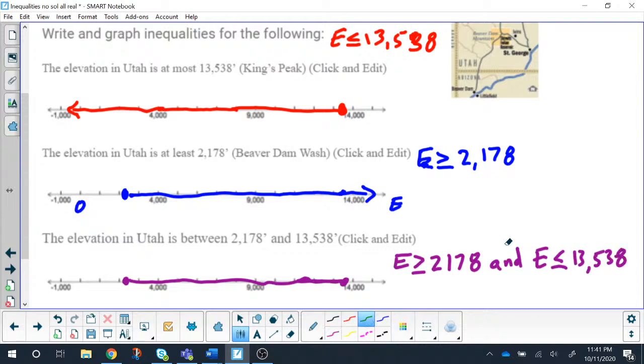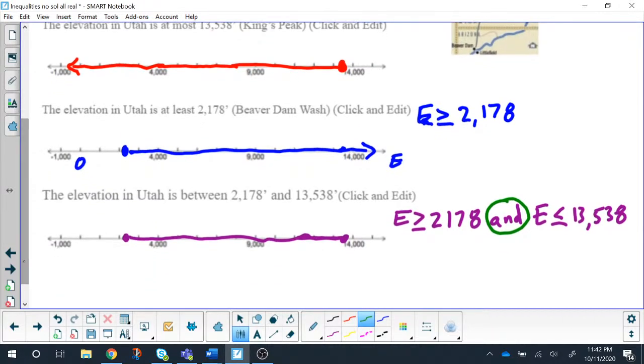So that word "and" is critical here. We're saying that we need to fulfill both of these. We're combining these two graphs and saying our solution set is what works for both of these.